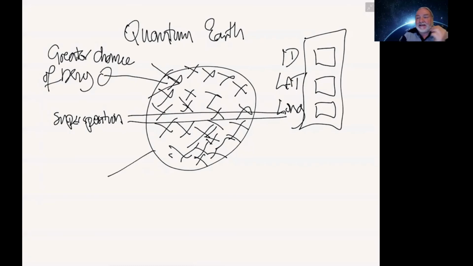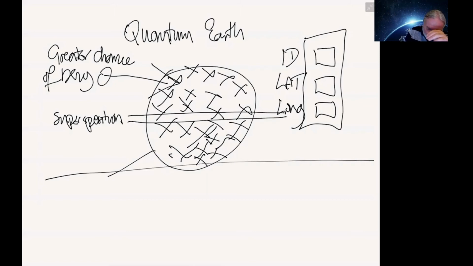And likewise, it has a greater chance of being 1 if the zoo paper, or the coordinates of the superposition, happen to be in the southern hemisphere. And I told you then that that was really important, and it is, because this is what we do.